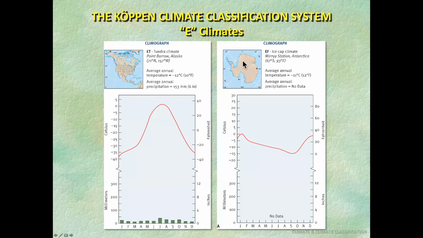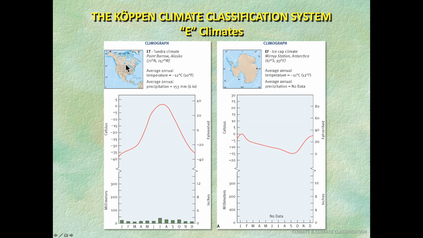So, not many people live in an ice cap, scientists, researchers. Tundra, even not that many. A place like Barrow, Alaska, is at the very, very northern shore of Alaska on the Arctic Ocean.